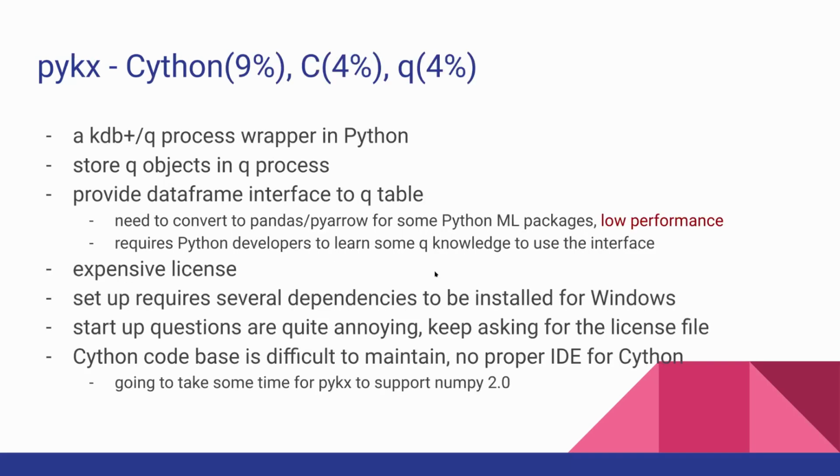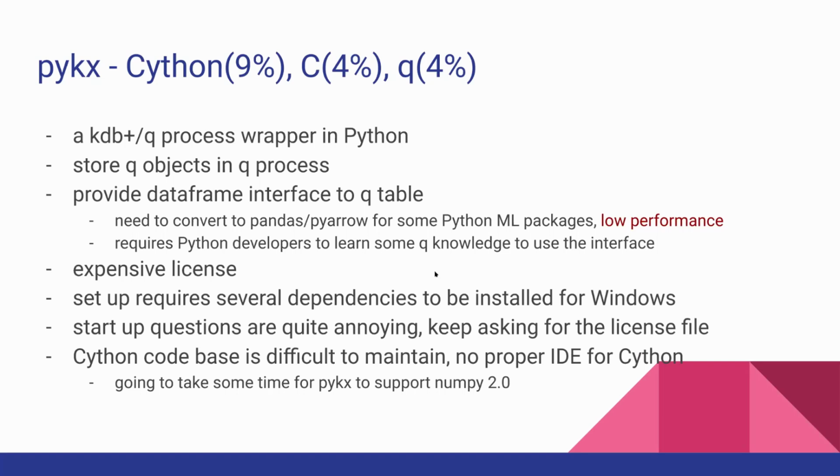And PyKX, the official one, uses Python, 9% of source code, C code, and Q code. PyKX wraps KDB processes in Python and stores Q objects in Q processes. It provides a data frame interface to the Q table on the Q process.